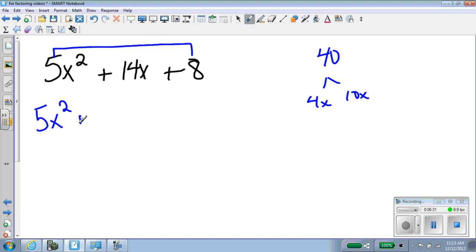5x squared plus, now you might say, well, what if I wrote the bigger one first? 10x plus 4x plus 8? It really doesn't matter which order you put these in.